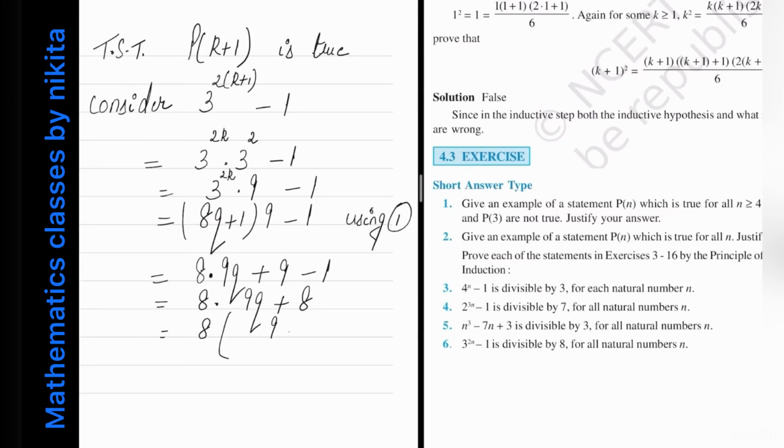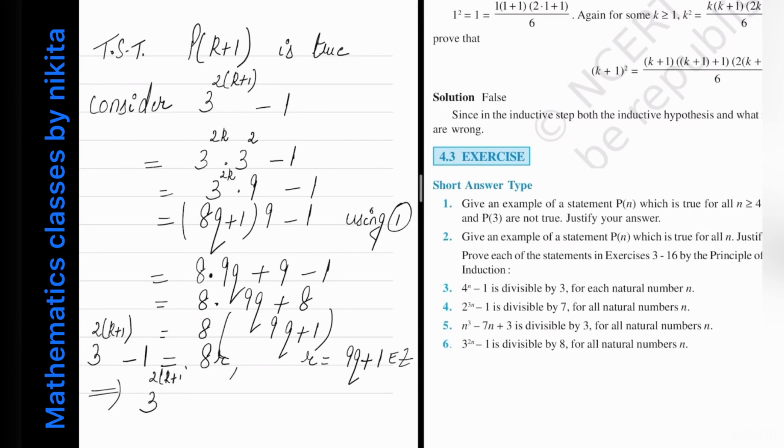You will get 9q plus 1, which is equal to 8r, where r is equal to 9q plus 1, and this is some integer. So this implies that 3 to the power 2k plus 1 minus 1 is divisible by 8.